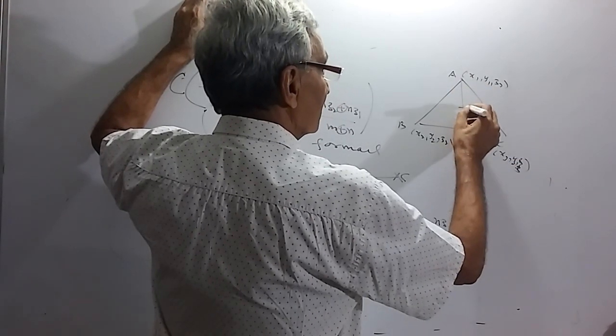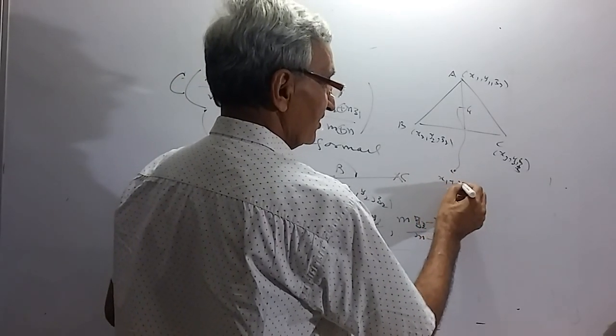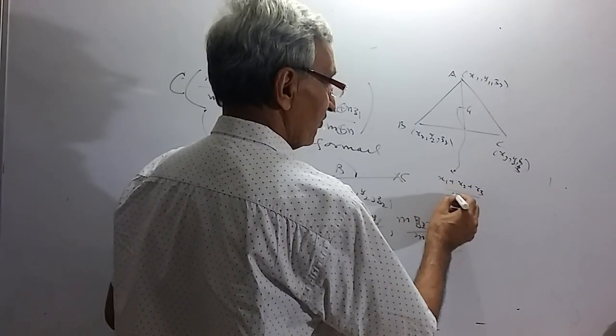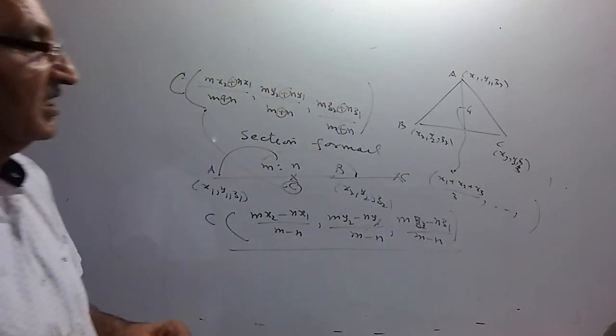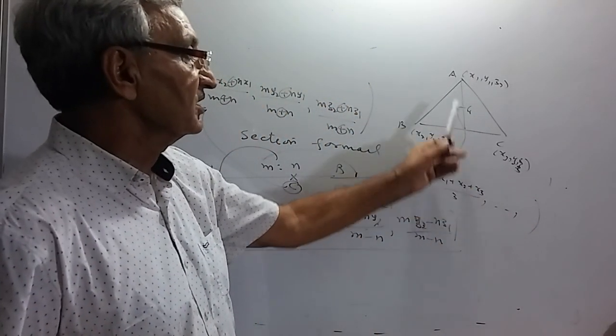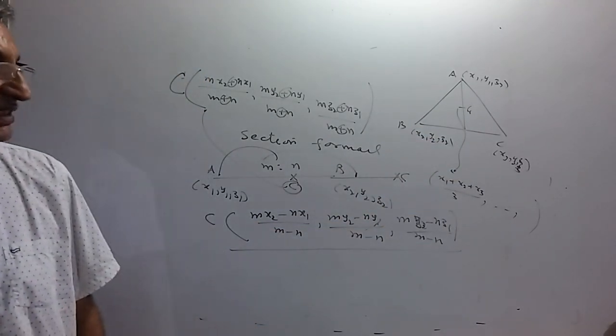What is the centroid? We did this in vectors: (x1 plus x2 plus x3) divided by 3, and similarly for y and z. The midpoint divides in the ratio 2 to 1, and we find the centroid like this.